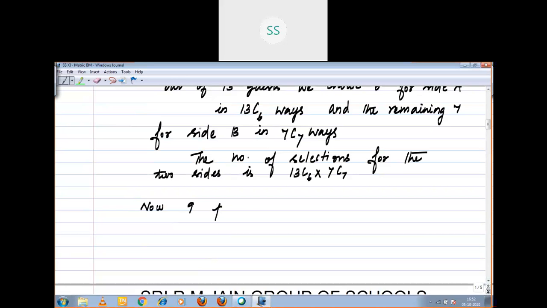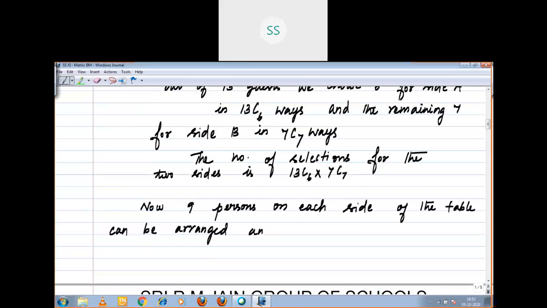Now 9 persons on each side of the table can be arranged among themselves in 9 factorial ways, right?